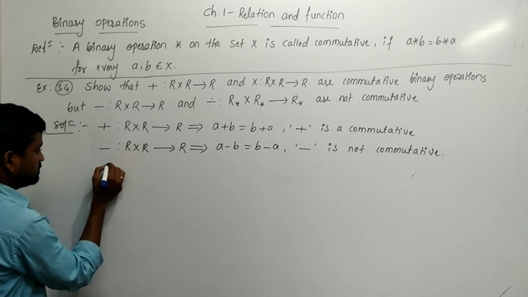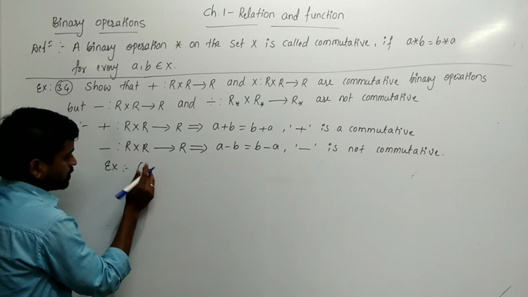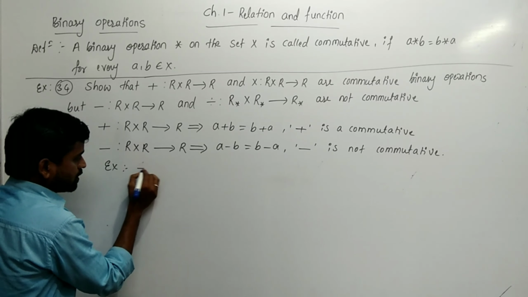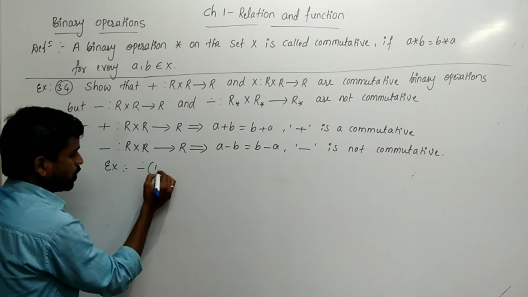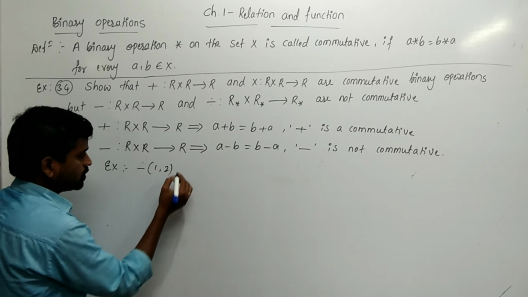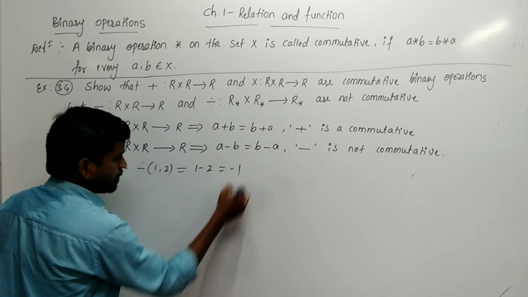See the example. Subtraction on (1, 2) is 1 minus 2 equal to minus 1.